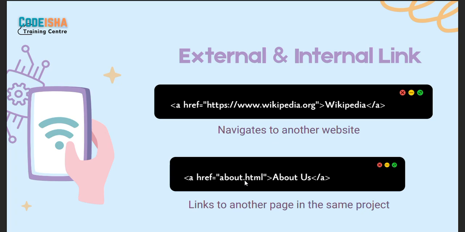Okay, so when we are going to the internal links, we need to define whether it is the about file, the contact file, or the services file. Once you add that file, it will open the specific file you added, which is nothing but an html file. In that html file we can write a piece of code based on the requirement, right?